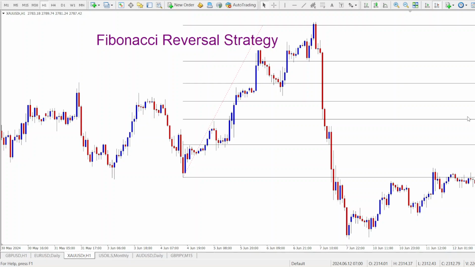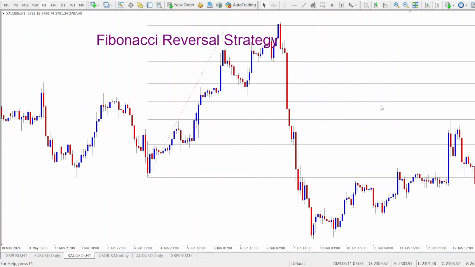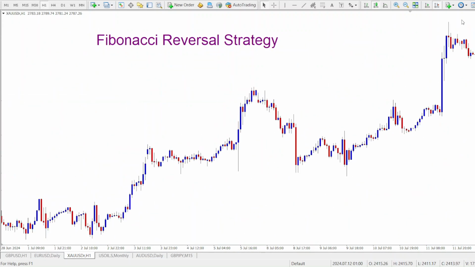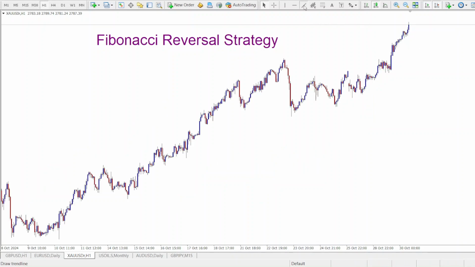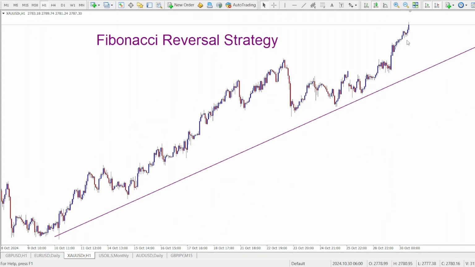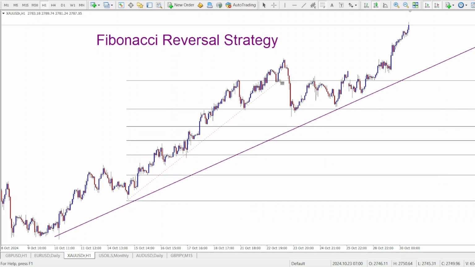Okay, so let's take a look at a real example. Now let us identify the trend. First of all, we can see that we are in a strong buy trend. Gold has been buying for long, has been on a bullish streak for quite a while now. So using the Fibonacci retracement tool, we're just going to look at a very practical example here.